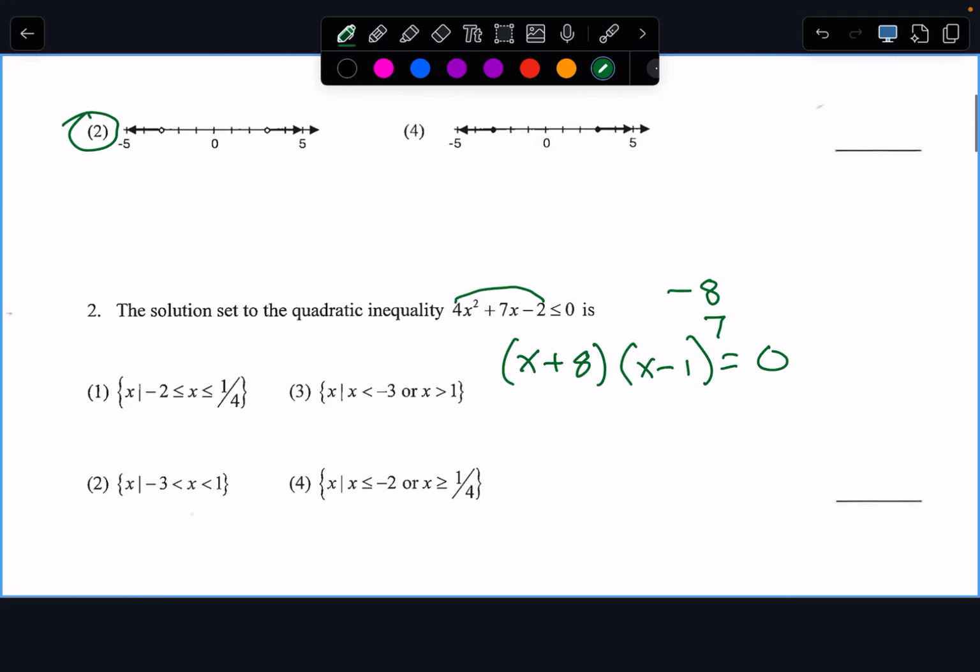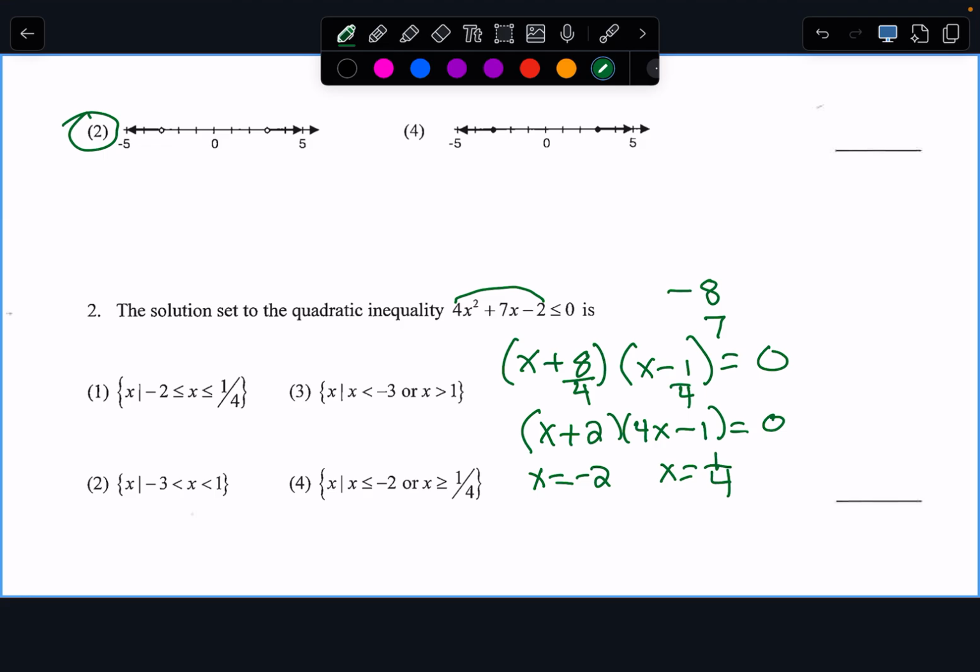Okay, so then we have to divide by 4. We have x plus 2 and 4x minus 1 is equal to 0. So our critical values are x equal to negative 2 and x is equal to positive 1/4.